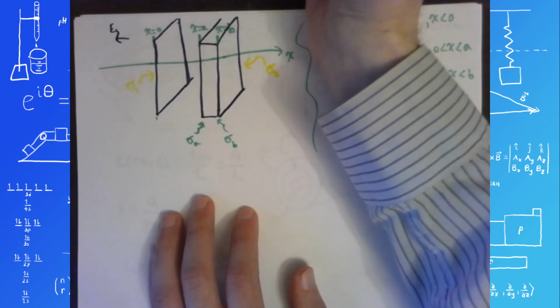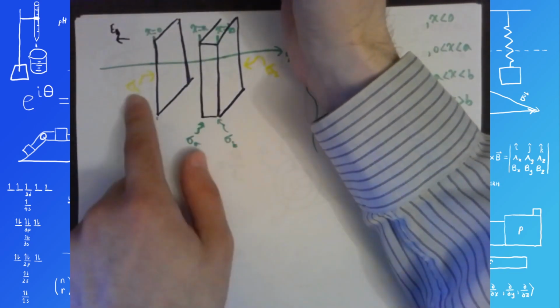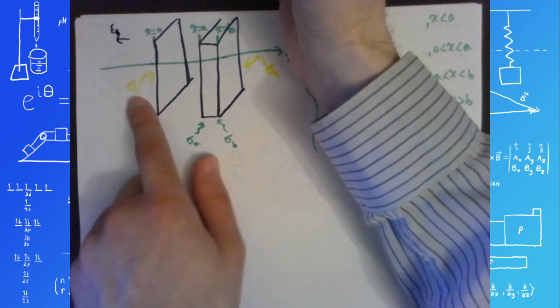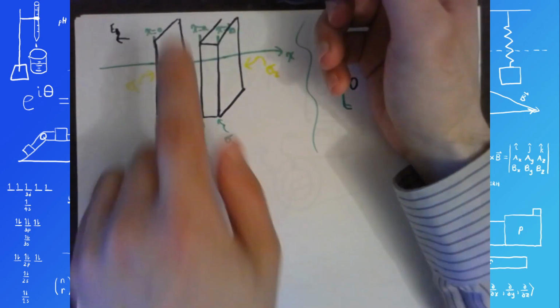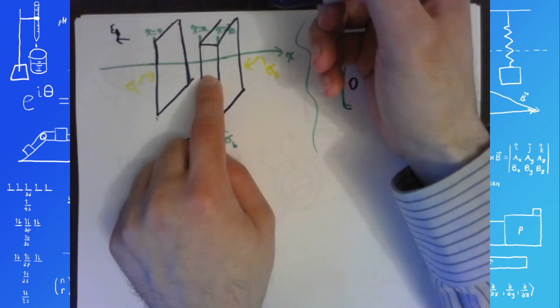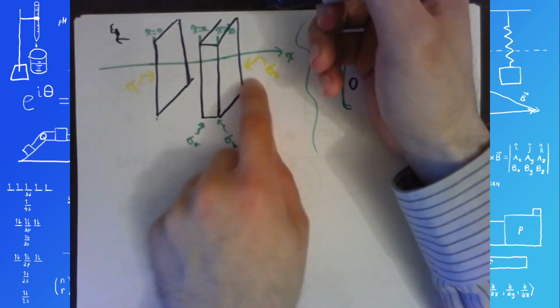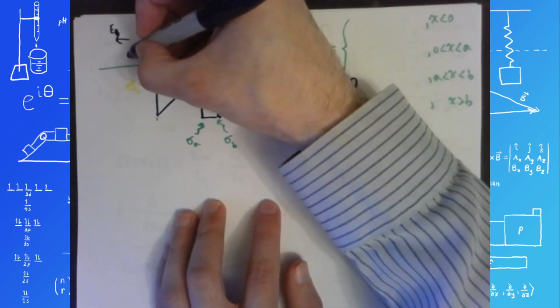Actually, I will call it E1 since the surface charge density of the sheet is called sigma 1. And then for the slab, it's got a total surface charge density of sigma 2, so it's going to create an electric field.